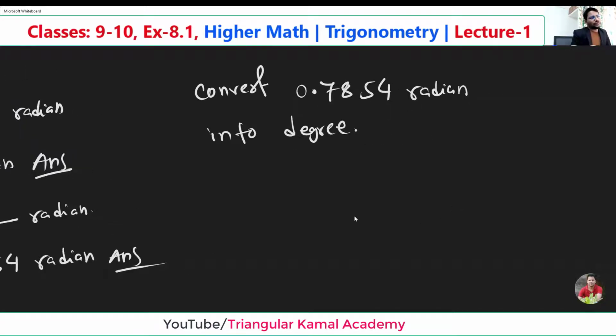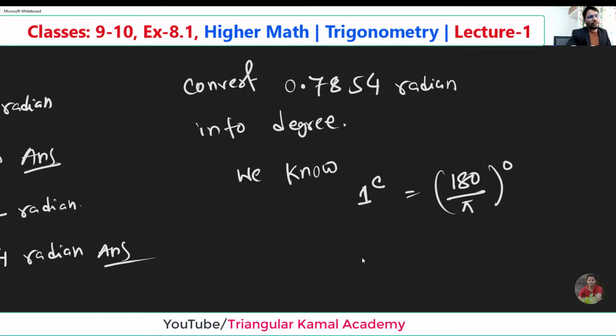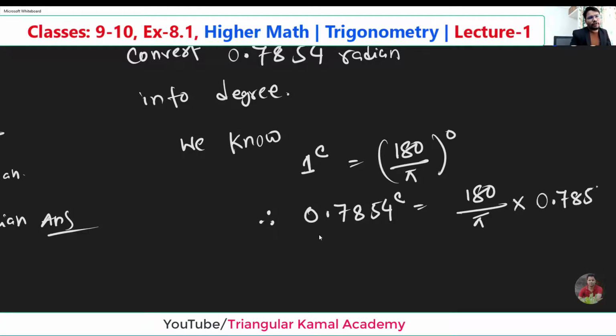So first, we know 1 radian is equal to 180 divided by pi degrees. Already we have proved this theorem. So 0.7854 radian is equal to 180 divided by pi multiplied by 0.7854.